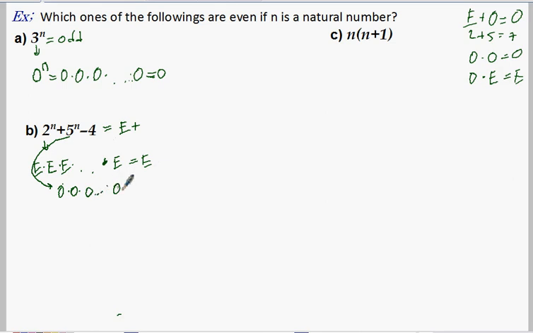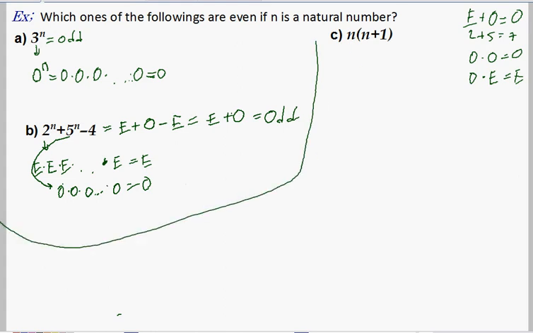When you multiply all those odd numbers, you will have an odd result. Then minus, you need to subtract an even number like 4. So even minus even, 10 minus 4, 6, so it will be even. Even plus odd is going to be odd at the end.